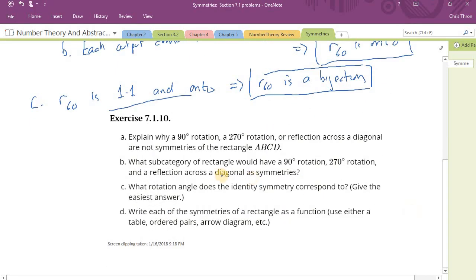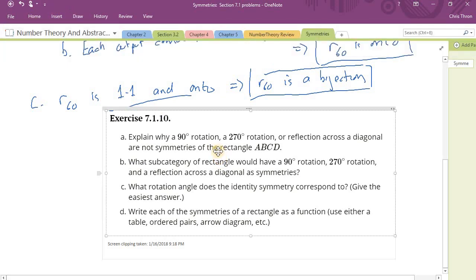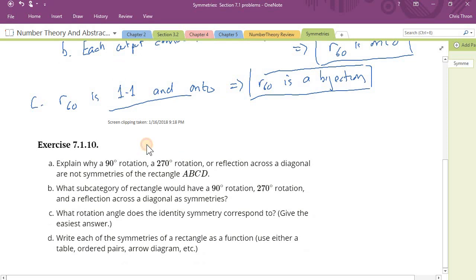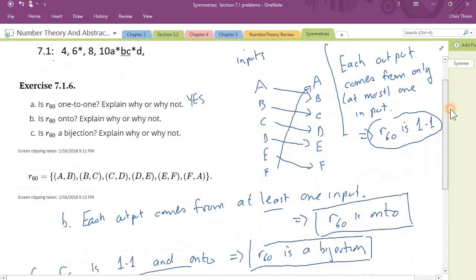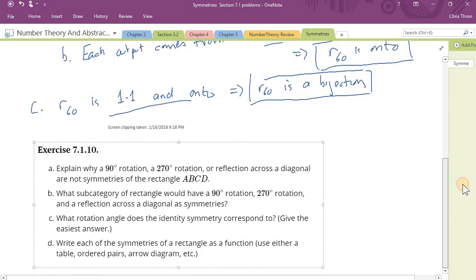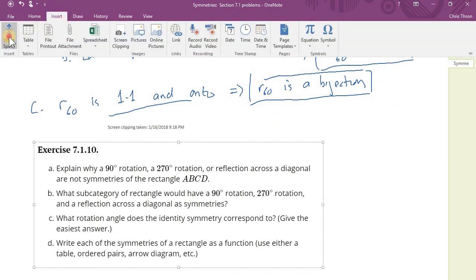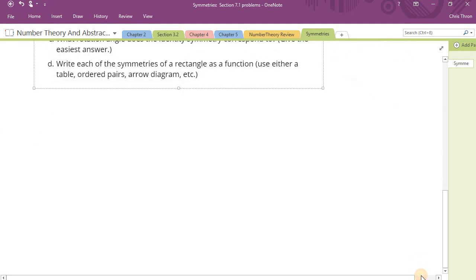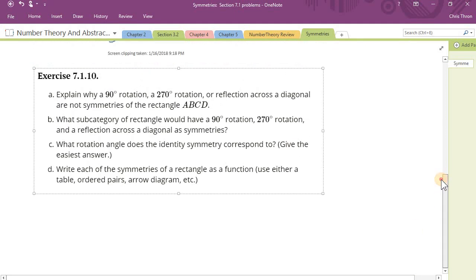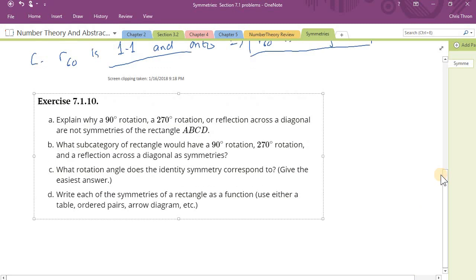I think I was just going to talk about parts A and C. I need to insert a little bit of space at the bottom here. Here it says, explain why A, so these are the two I'm going to do, A and C. Here's A and here's C.